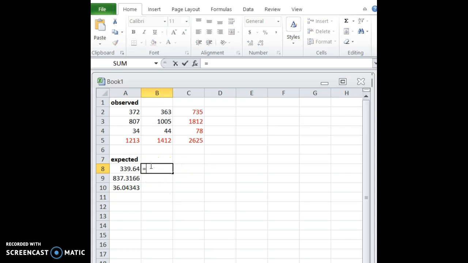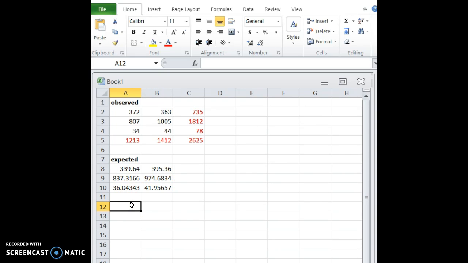I can just use subtraction: equals the row total, subtract this calculated value, equals row total, subtract that value, equals row total, subtract this value. So this is why we're going to have 2 degrees of freedom, because I needed to calculate 2 values, but I could find the rest by subtraction.